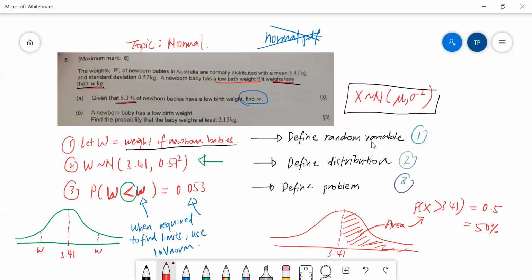I'm just trying to explain to you that the area under the curve is the probability. Oh, okay. You have to know that.